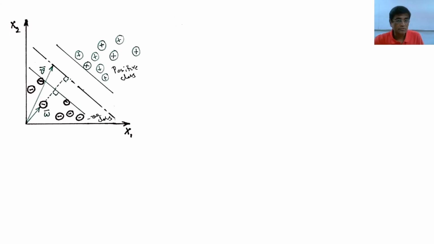This is a 2D example, so we are talking about a line. If it is 3D, meaning you consider another feature, then it will be a plane. With more features, it will be a hyperplane. You can only conceptualize that, but visually you can see it using two features. That's why I have drawn this, and I will develop the model using this particular diagram.